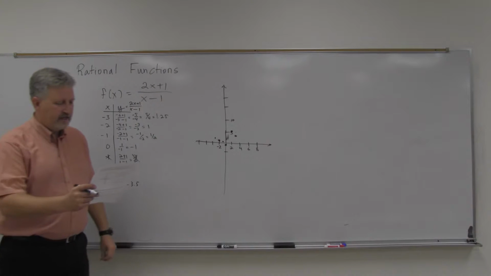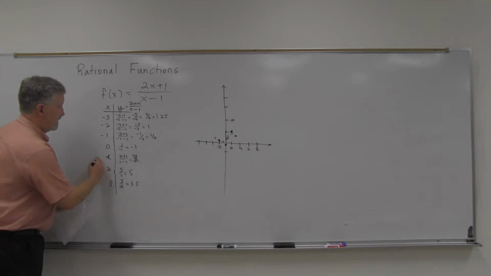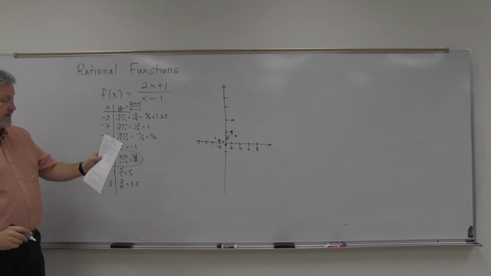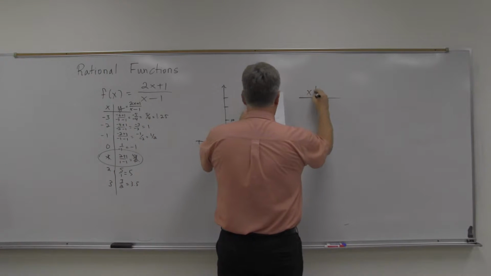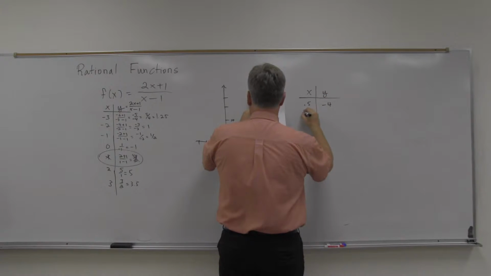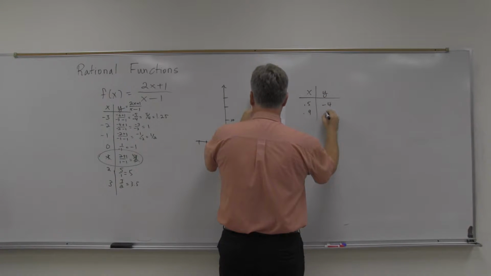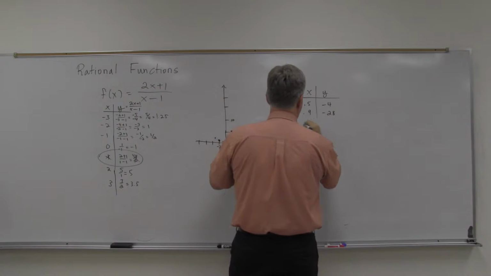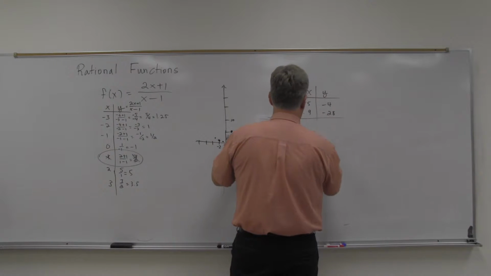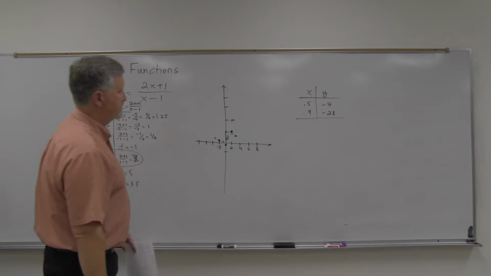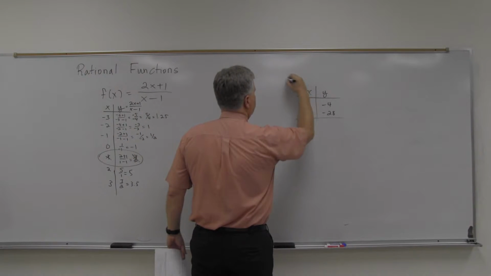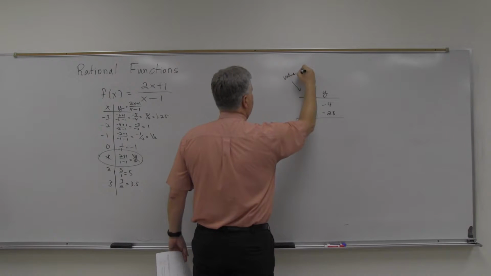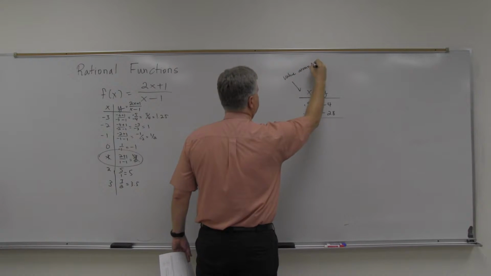Well, what I said is, let's look at some more points around those, and I've already computed these in this table. I've got x is 0.5, then the y is -4, 0.9, the x is -28. So let's just look at those two first of all. So these are values around our excluded value x equals 1.